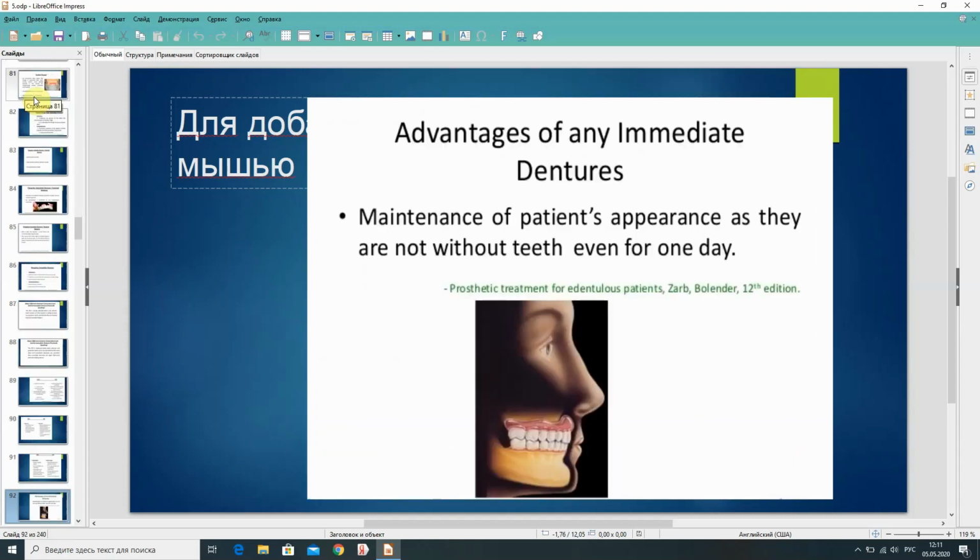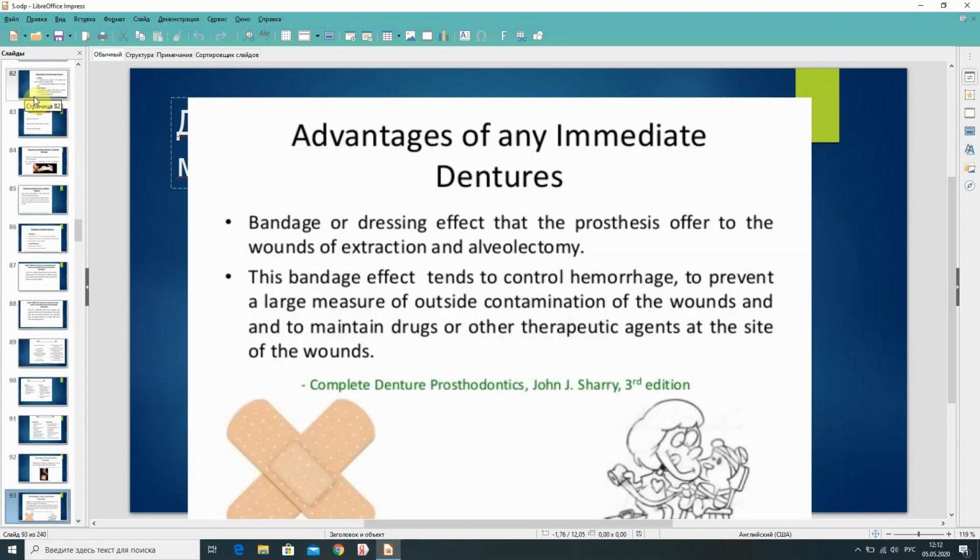Advantage of any immediate dentures: maintenance of the patient's appearance, as they aren't without teeth even for one day. Bandage or dressing effect that the prosthesis offers to the sites of extraction and alveolectomy.